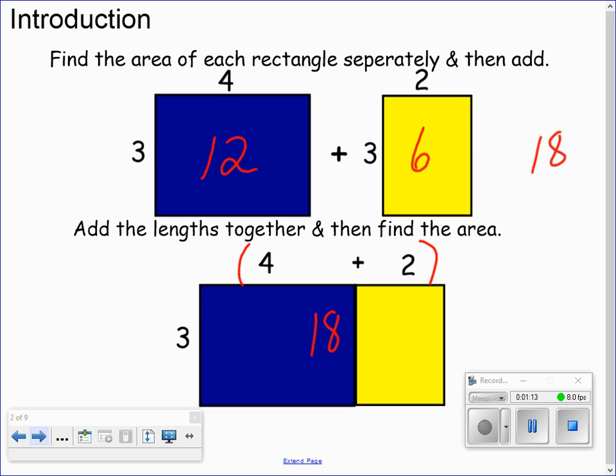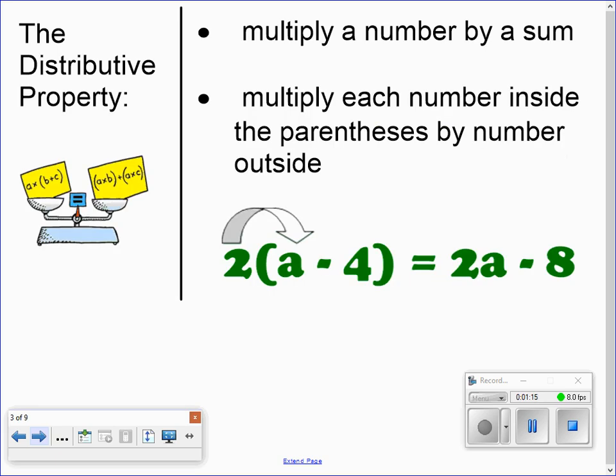So here is the distributive property. The distributive property is when you are multiplying a number by a sum or by a difference. What you would do is multiply each term inside your parentheses, whether it be a variable or a number, by the number that is on the outside, giving you an equivalent expression.